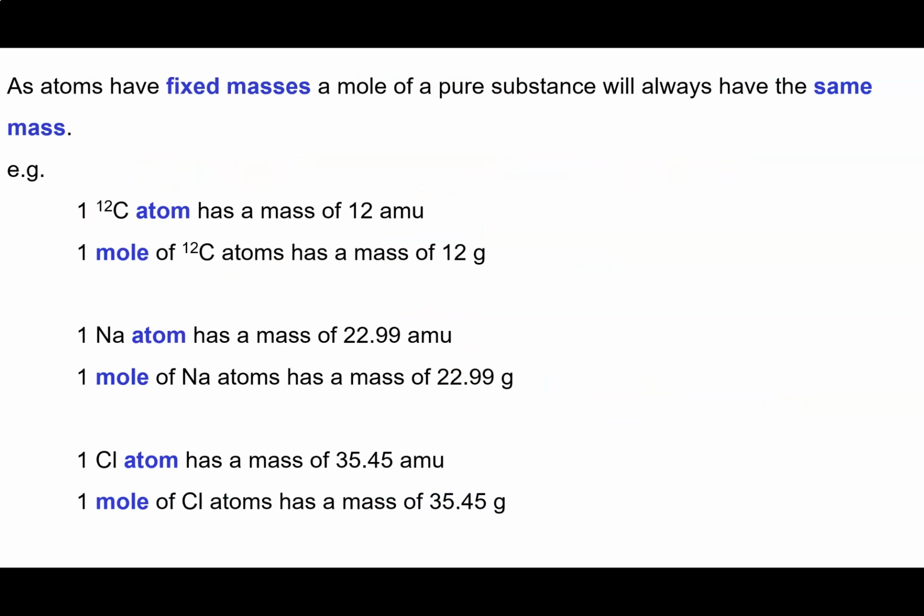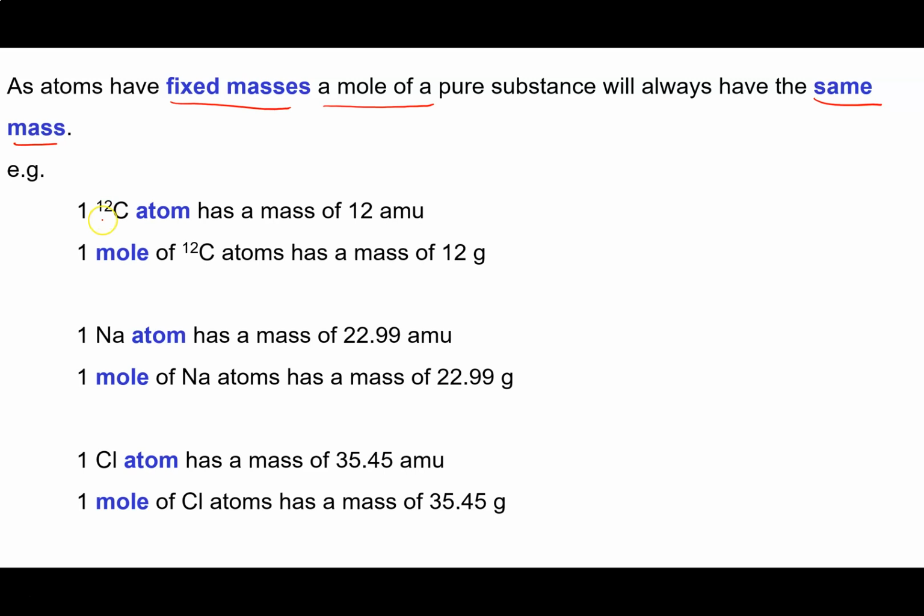So, why is the mole useful? Well, I hinted at this before. As atoms have fixed masses, a mole of a pure substance will also have a fixed mass. And the cool thing about the mole of something is that the mass of one thing in AMU is exactly the same as the mass of a mole of that thing in grams.